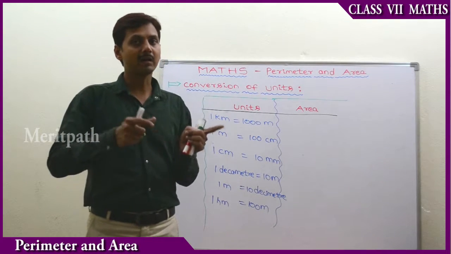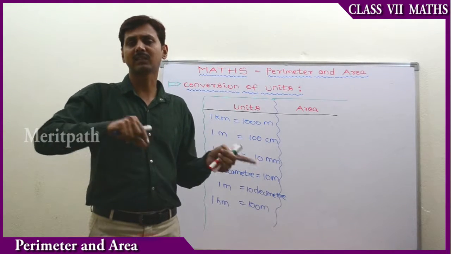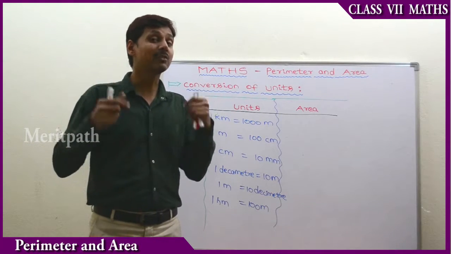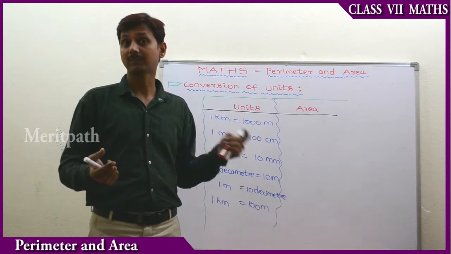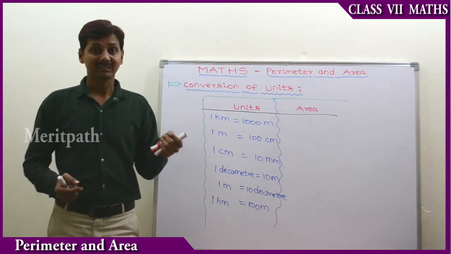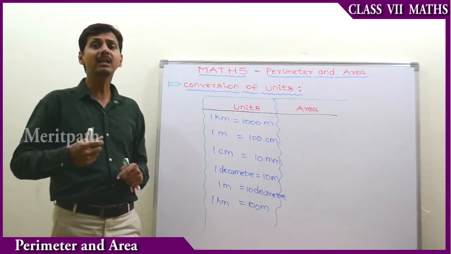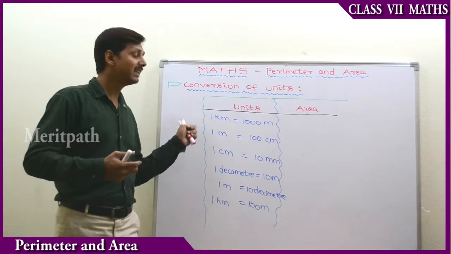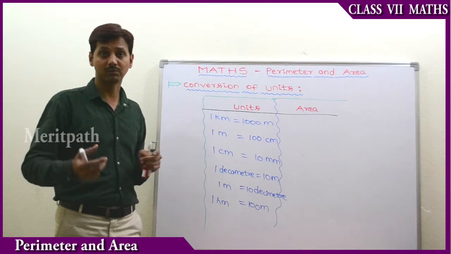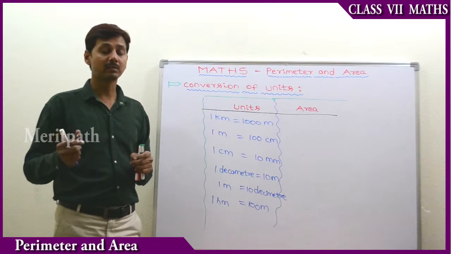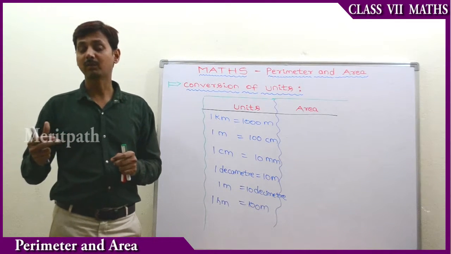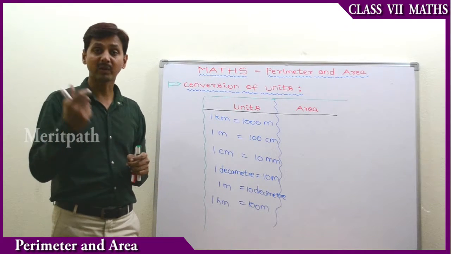If we take centimeters, centimeter into centimeter gives centimeter square, because it has 2 dimensions of length and breadth. So for every area, we get centimeter square, meter square, and so on, because it has 2 dimensions.